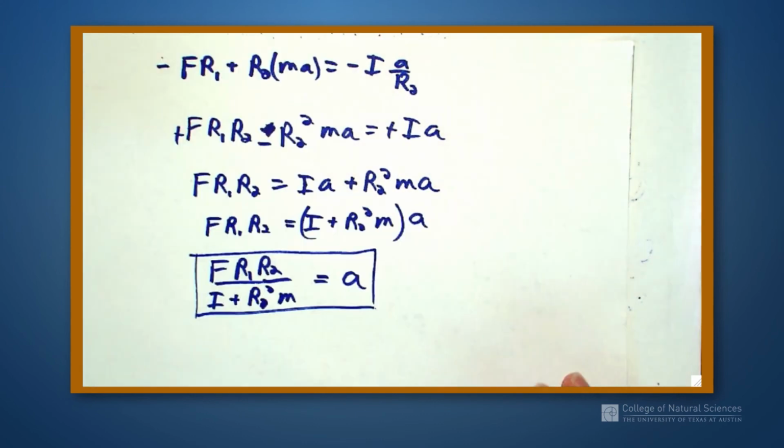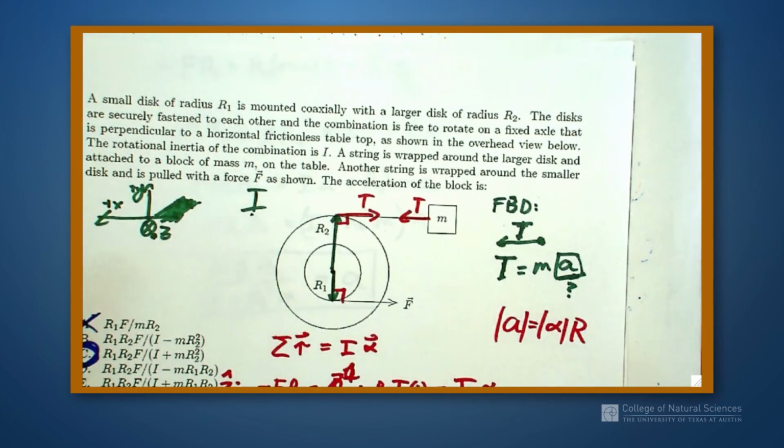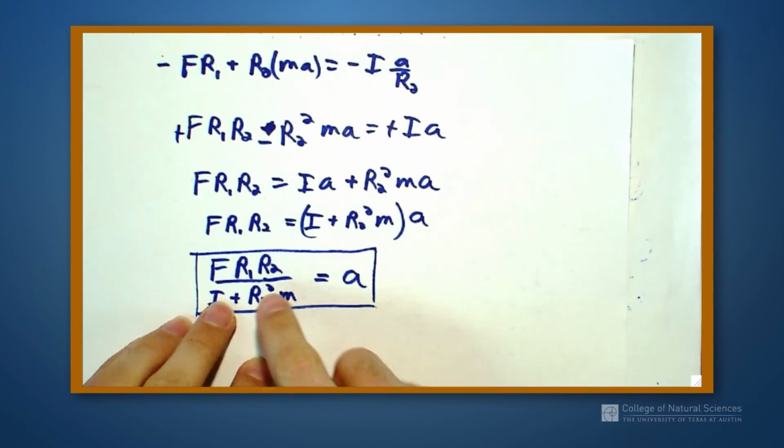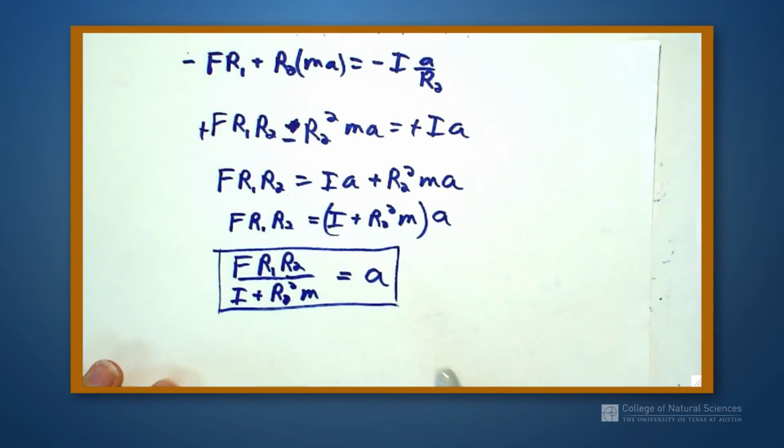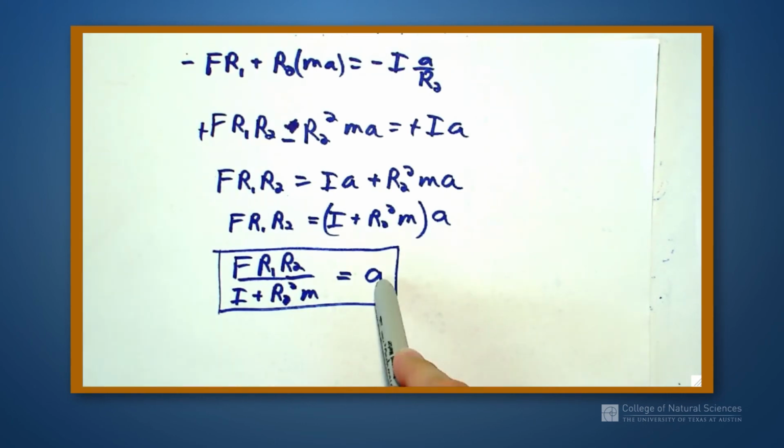Now I just want to go back and check to make sure that this kind of makes sense to me. So I'm going to look at this equation right here and see, does it make sense that things are going to change in the right way? If the moment of inertia of my disk gets larger, my angular acceleration gets smaller. This makes sense to me, or my acceleration gets smaller, because it's harder for me to move this spinning object.